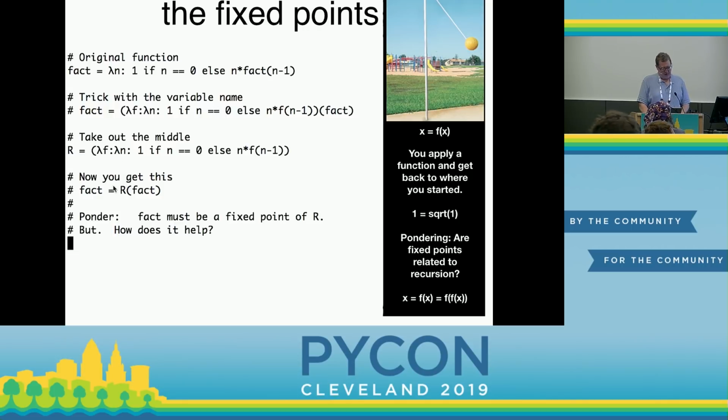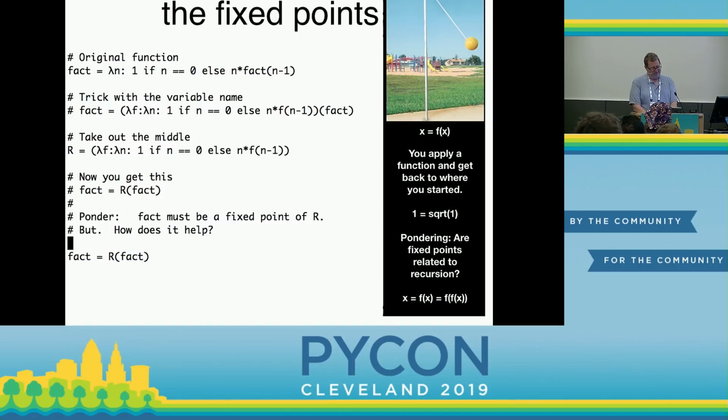One thing that's a little weird about this is we still do not know what fact is. If I were to write in Python, fact equals R fact, that's not going to work, right? Fact doesn't even exist yet. So that's invalid Python code.